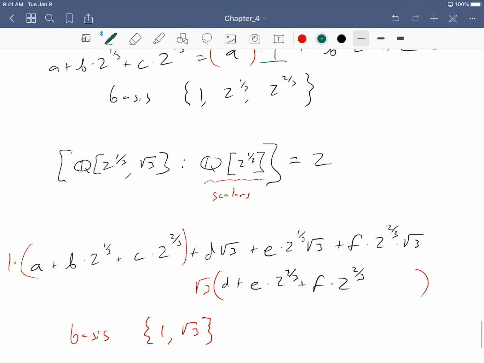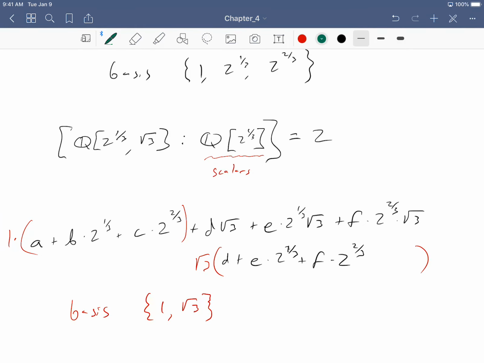So it's the 1, 2 to the 1/3, 2 to the 2/3, all of those times 1, all of those times root 3. And that's exactly what we did when we wrote down our generic element. We had a times 1, b times 2 to the 1/3, and then we had d times root 3 times the 1, and e times 2 to the 1/3 times root 3.